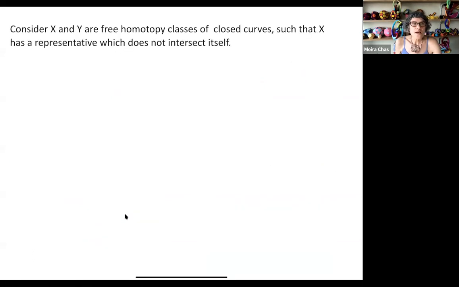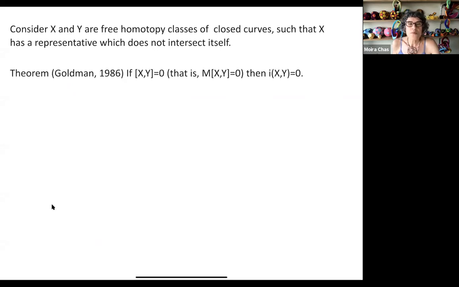Well, Goldman proved that if the bracket is 0, meaning that the Manhattan norm is 0, and one of the classes has a member that doesn't intersect itself, meaning one of the classes is simple, then the two are disjoint.